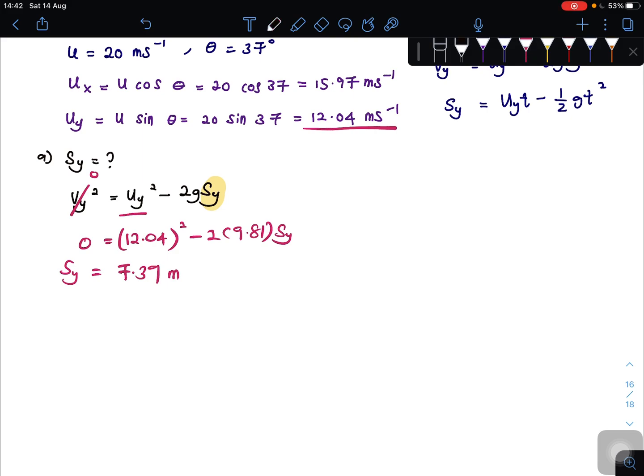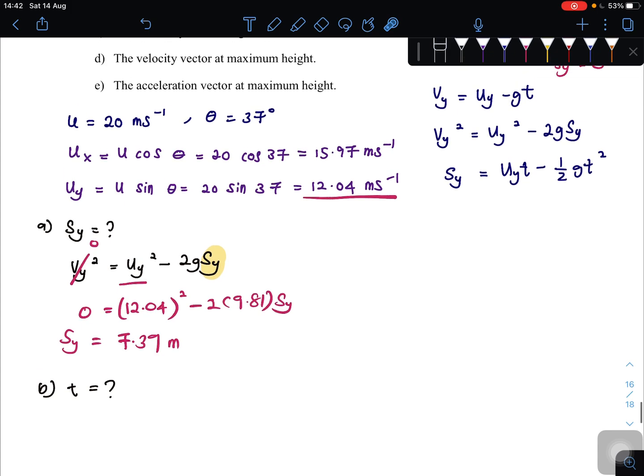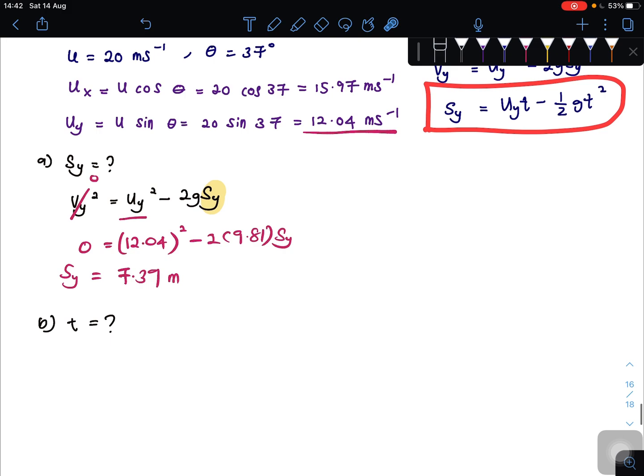So meaning that, we want to find t, right? So you either use this one or this one. Either way you can use, should be able to get the t. But now I want to use this equation here.